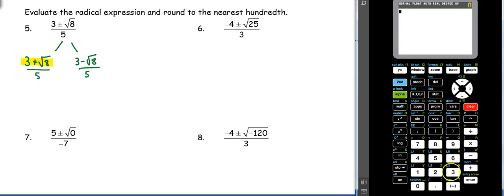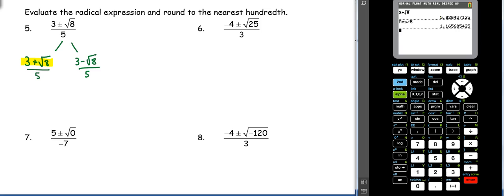So in my calculator, I would have 3 plus the square root, which is above the squared key, so we have to hit second and the squared key, 8, enter. That gets us a decimal, and then we divide by 5, and we're going to round to the nearest hundredth. So the nearest hundredth is 2 decimal places, and I have to look at the third number to tell me if I round up or stay the same.